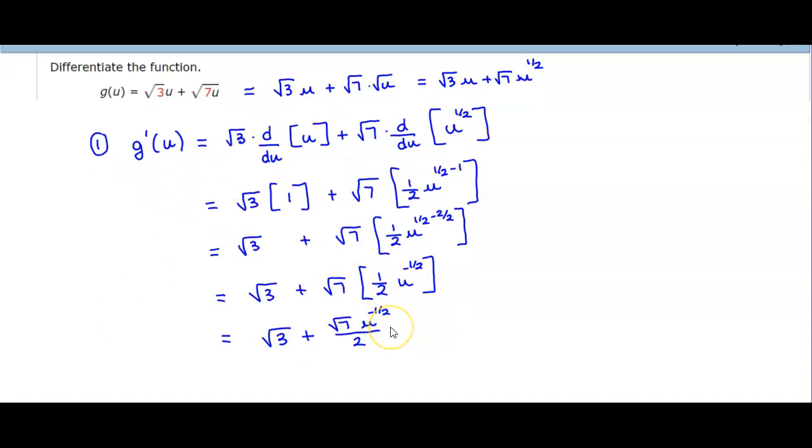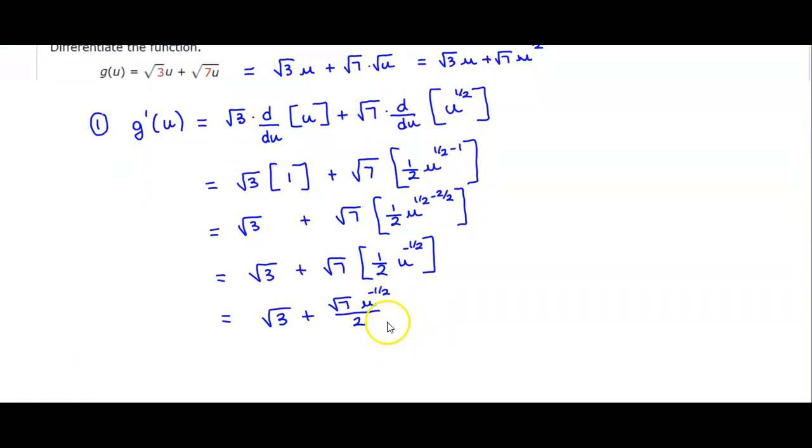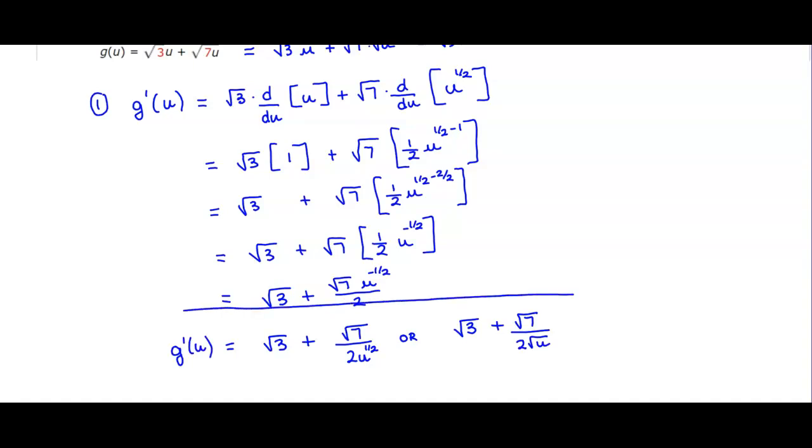Since we want this to be a positive exponent in a denominator, we can go a little further and write this as the square root of 3 plus the square root of 7 over 2 u to the positive 1/2. And then we would write this as the square root of 3 plus the square root of 7 over 2 times the square root of u. And therefore that would represent the derivative of this function.